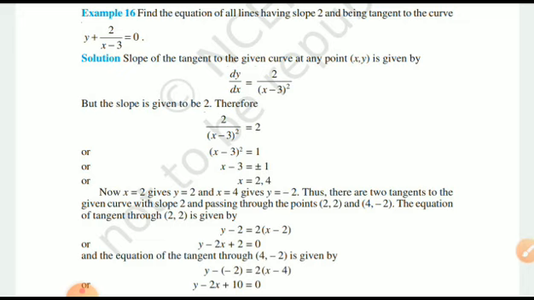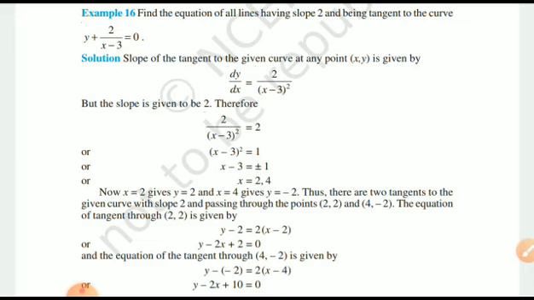The steps are the same. We are just following the same procedure. We are finding dy/dx using the given curve, then the slope will be given to you. So I'm just equating that, and if the question is to find the point, then after equating those two things, we'll get the value of x.